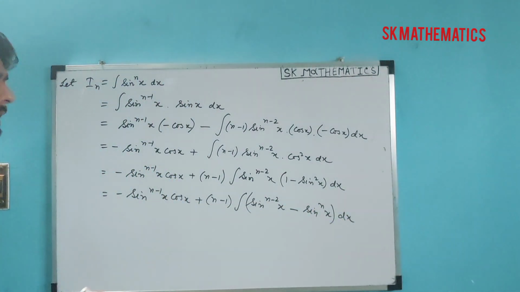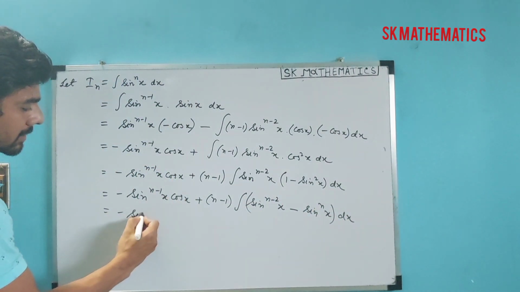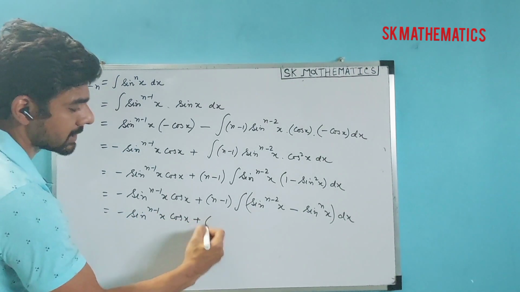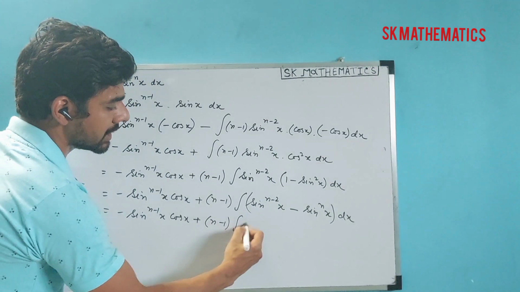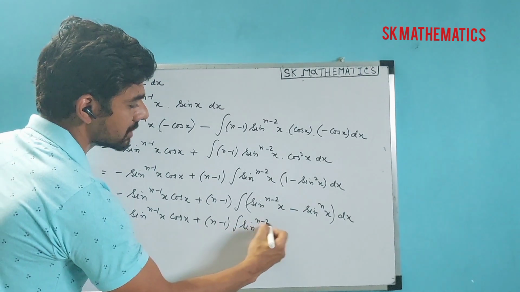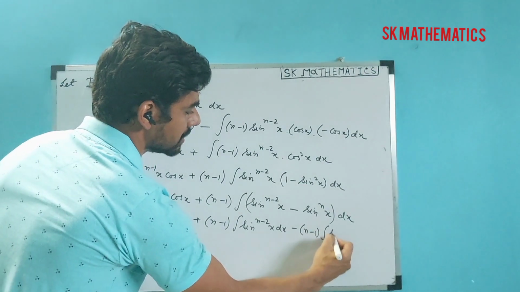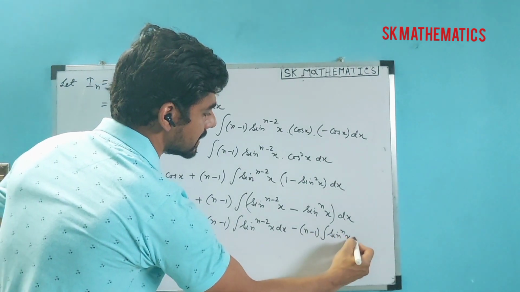Now we will divide it into two integrations, so we will get minus sin^(n-1) x cos x plus (n-1) into the integration of sin^(n-2) x dx minus (n-1) into the integration of sin^n x dx.